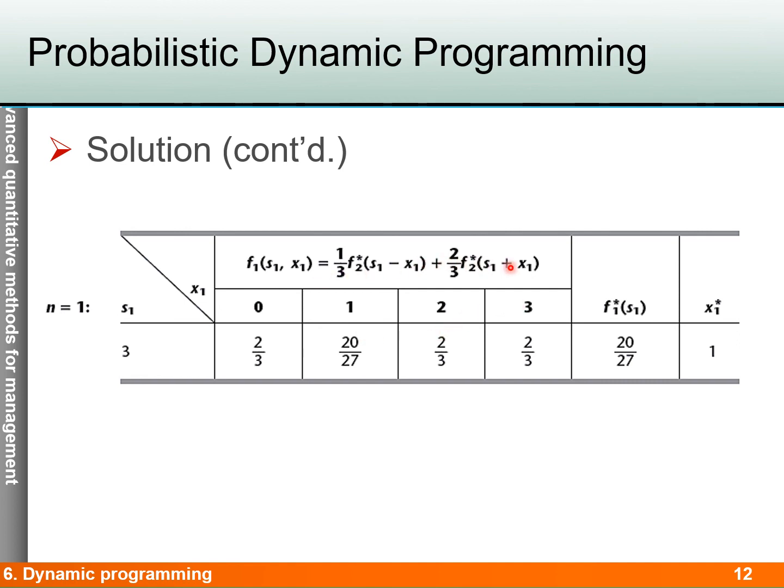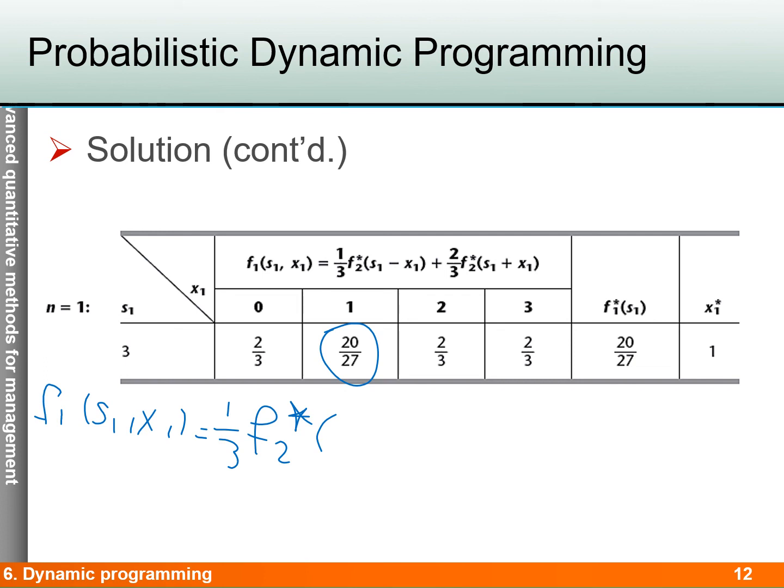And based on this formula that we obtained, we can calculate it easily. Let's check, for example, this item, how we obtain this one. That is, F1 star of S1 and X1 is equal to 1/3 F2 star of, what is our S1? 3.